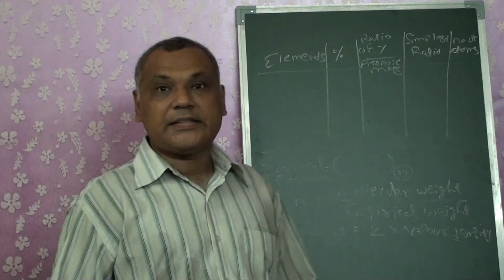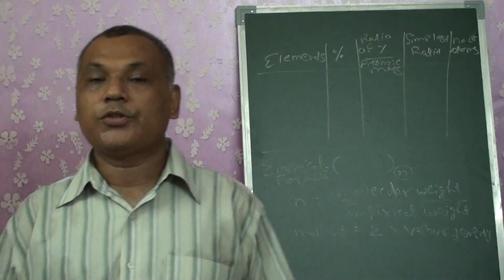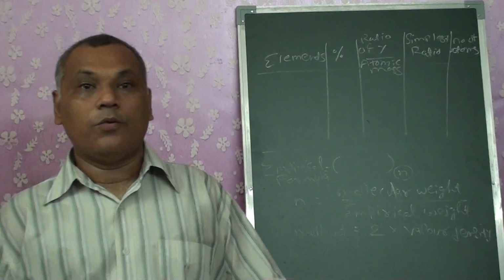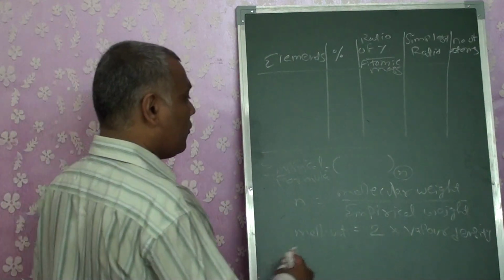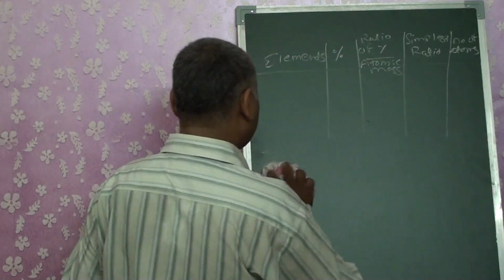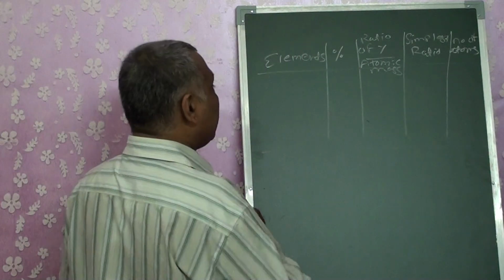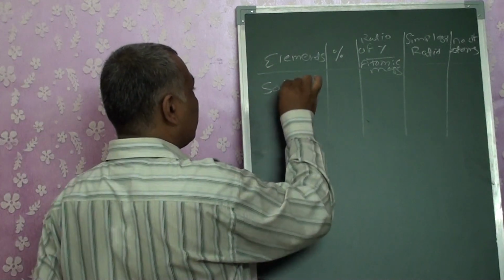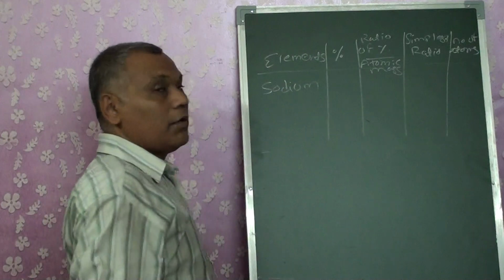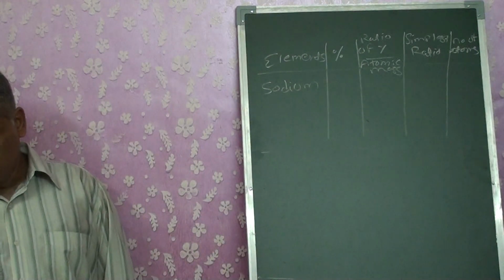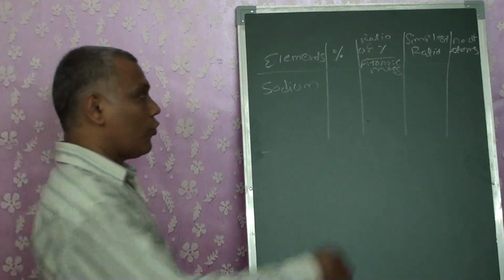Okay, now let us take one numerical to be solved so that you can understand it. A data is given to us in which there is an element sodium. The amount of sodium that we have is 43.4%.